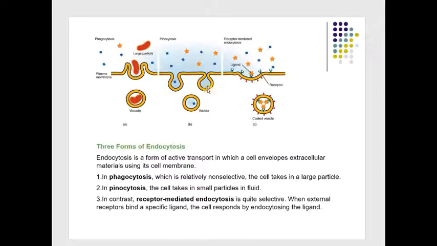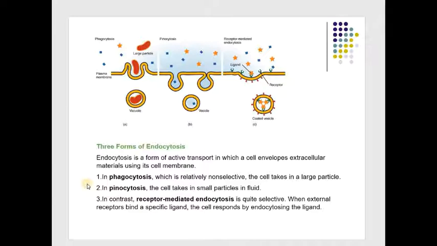Okay. We can also go through a type of endocytosis called pinocytosis. Pinocytosis is taking up small particles in fluid. So it's drinking in fluid and particles and making these little carrier containers inside the cell. Okay. The last type of endocytosis is receptor-mediated endocytosis.